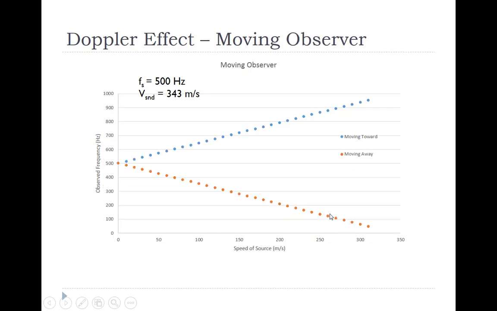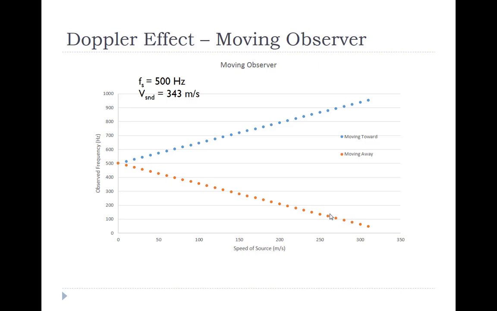Now let's look at the observer moving. Again, blue is moving toward and orange is moving away. Same parameters, 500 hertz for the frequency of the source and 343 meters per second for the speed of sound. These graphs are linear, and you get nearly the identical shift moving toward and moving away for the observer.